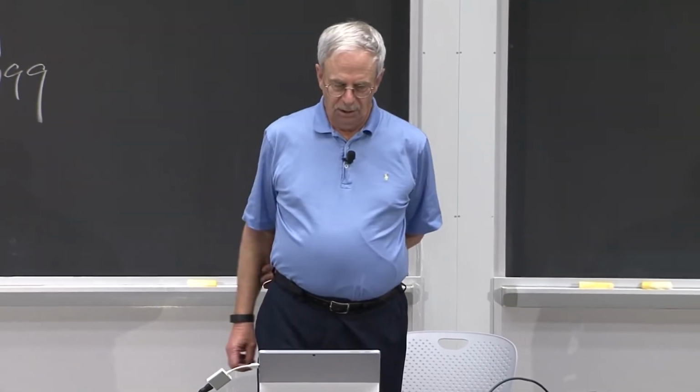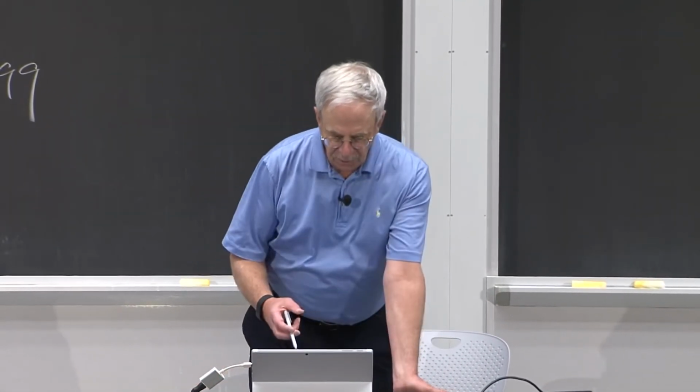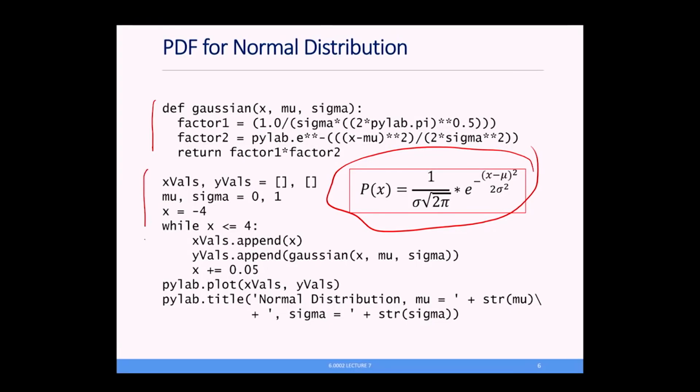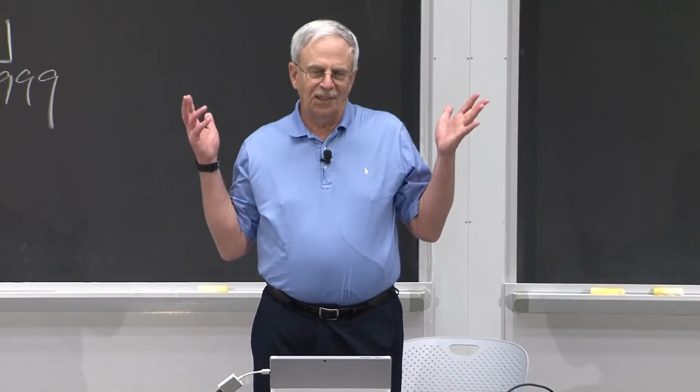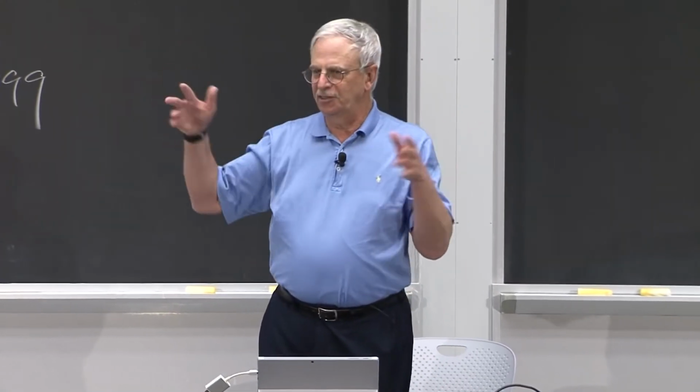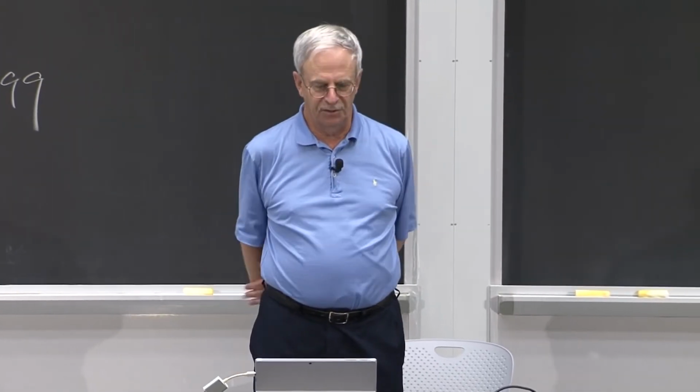Now, let's go down here. And I'm going to, for a set of x's, get the set of y's corresponding to that, and then plot it. I'm going to set mu to 0 and sigma to 1, a so-called standard normal distribution. And I'm going to look at the distribution from -4 to 4. Nothing magic about that other than, as you'll see, it's kind of a place where it asymptotes near 0.